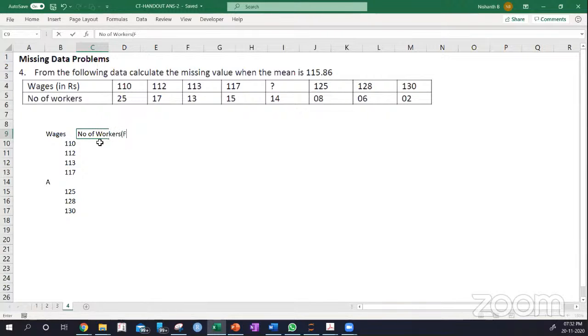That is the frequency. 25, 17, 13, 15, 14, 8, 6, 2.